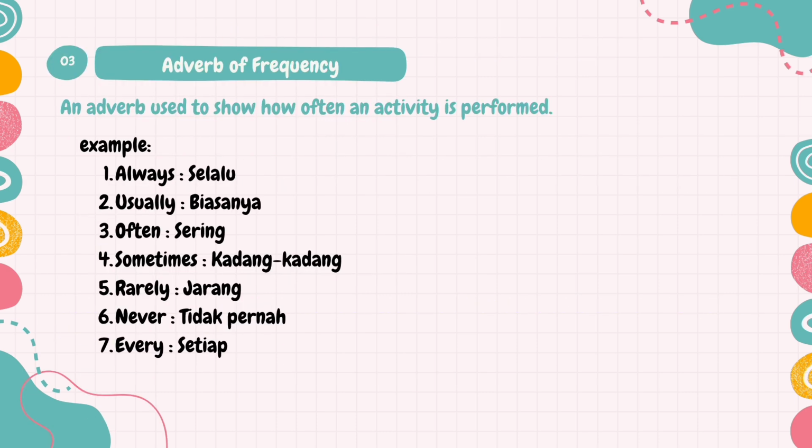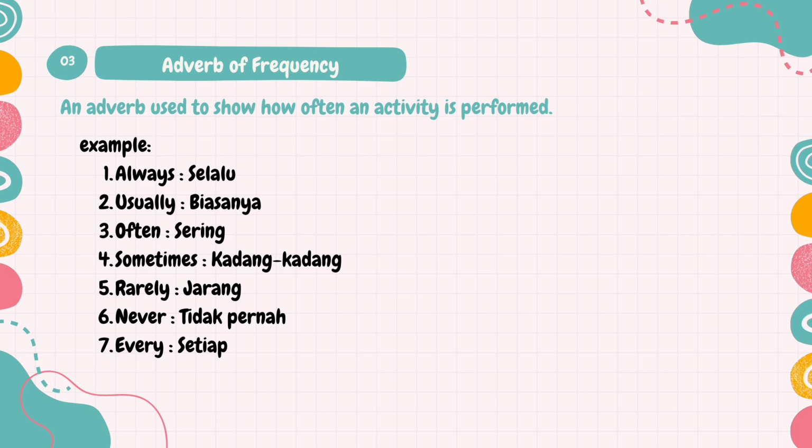Yes. And now we're going to the last language feature of descriptive text, which is adverbs of frequency. Okay, so what is an adverb? Adverb is kata keterangan. Yes, adverbs are used to show how often an activity is performed. Here, how often means the frequency of it.